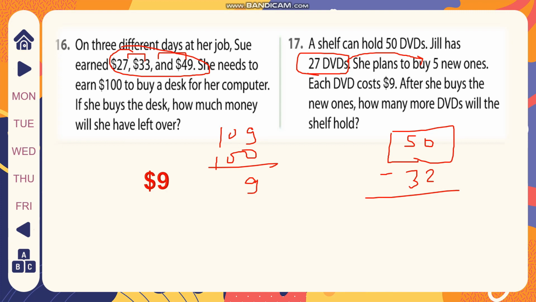So you just simply subtract 50 minus 32. This becomes 4 and this becomes 10. So this is 8 and 1. So the answer is 18, not $18. The answer is 18 DVDs.